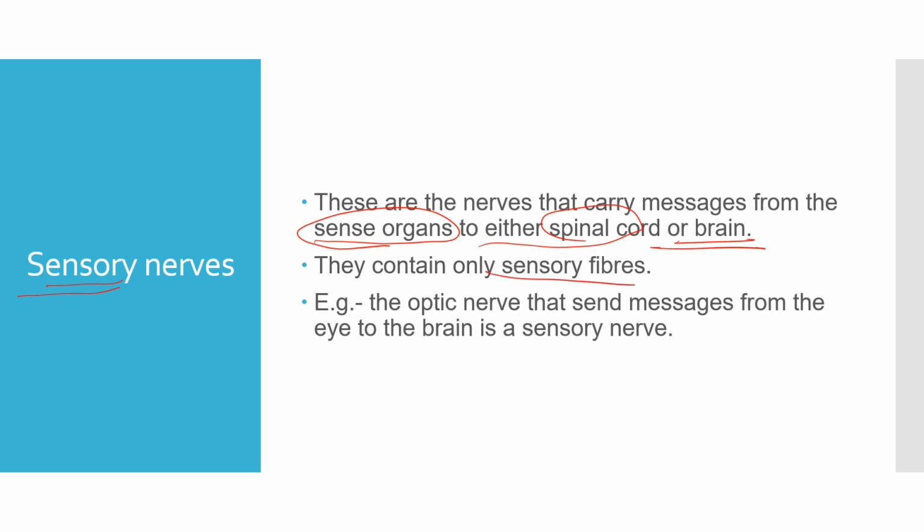They contain only sensory fibers. The optic nerve, which sends messages from the eye to the brain, is an example of a sensory nerve. Like this, there are many sensory nerves carrying information from the sense organs to the brain.